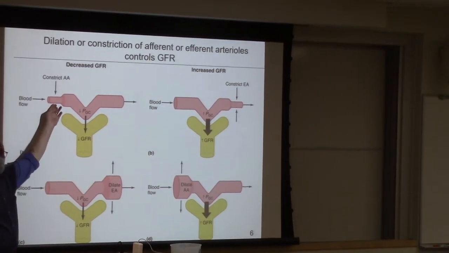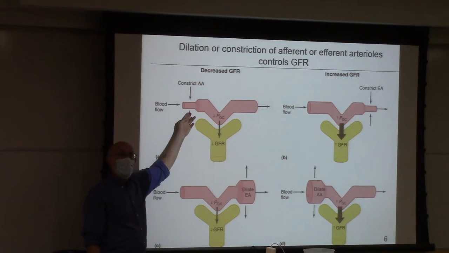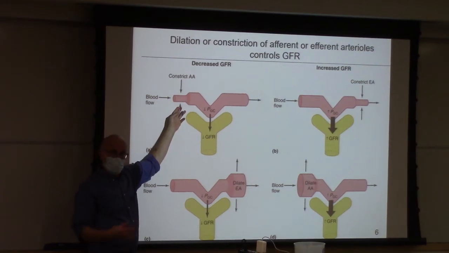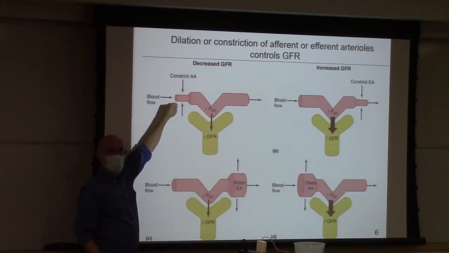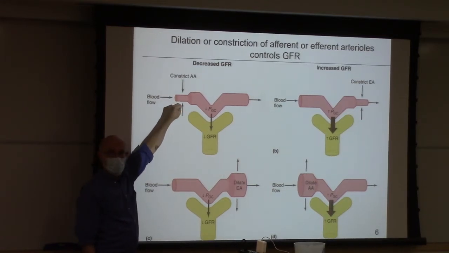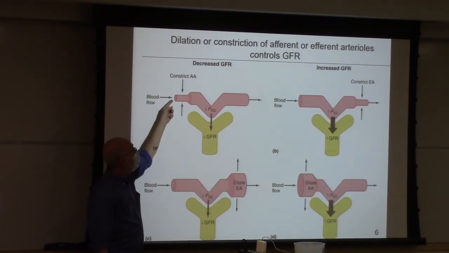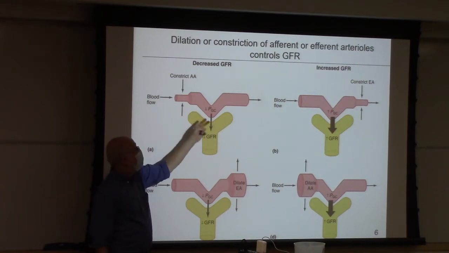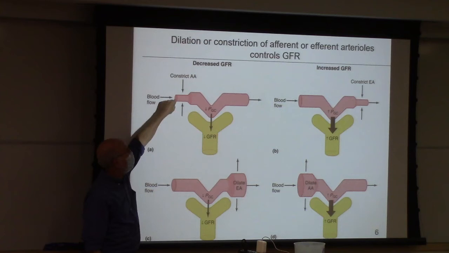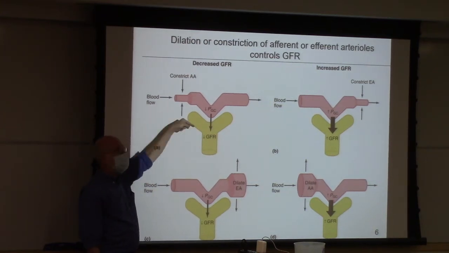So the afferent arteriole has smooth muscle surrounding it, just like most arterioles. If we constrict the smooth muscle of the afferent arteriole, we limit flow, we reduce the hydrostatic pressure in the glomerular capillaries because we're constricting the inflow.